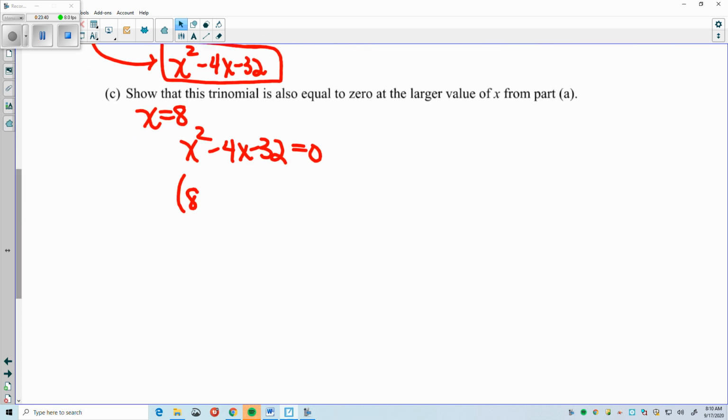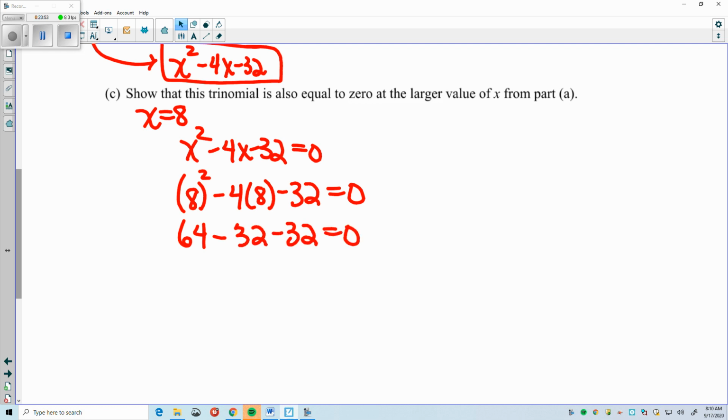Okay, so I have 8 squared minus 4 times 8 minus 32. So 8 squared is 64. 4 times 8 is 32, minus 32. Order of operations, I would just go from left to right in this case. So 64 minus 32 is 32. Minus 32 is 0. So we've just shown that that trinomial is also equal to 0.